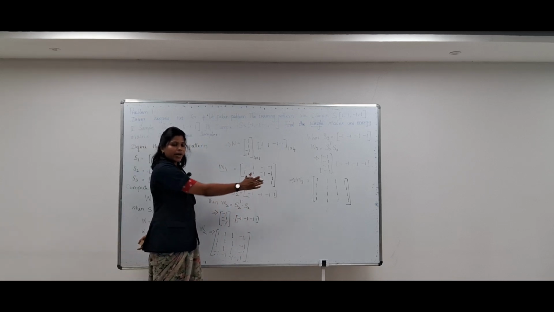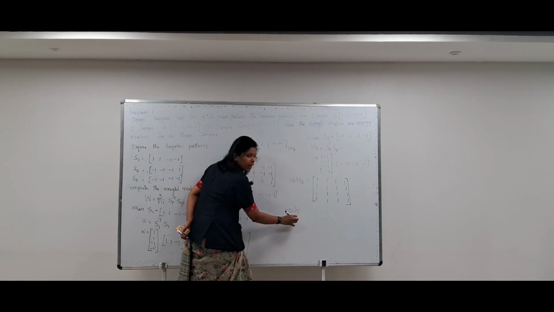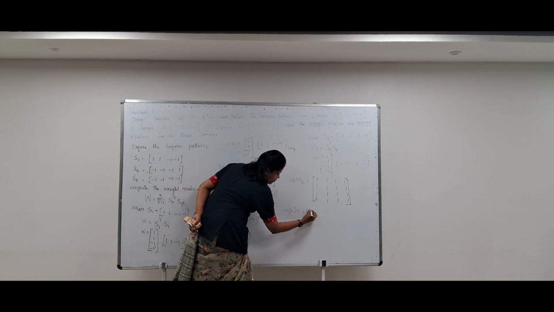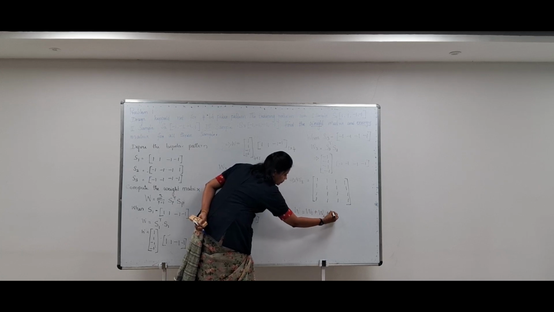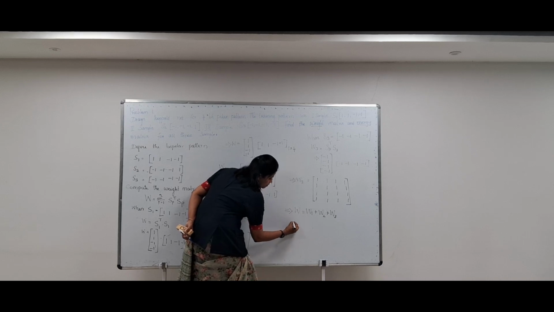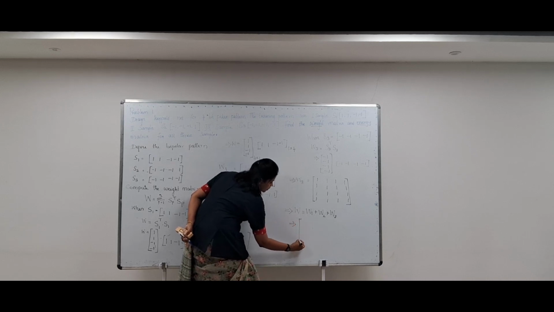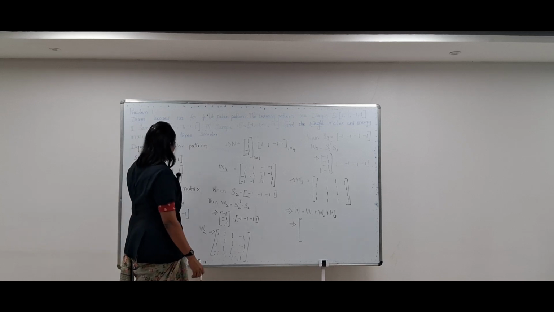So by summing the weight matrix we get W, the final weight, is equal to W1 plus W2 plus W3. Okay, which implies, how do we sum it? So where is W1?